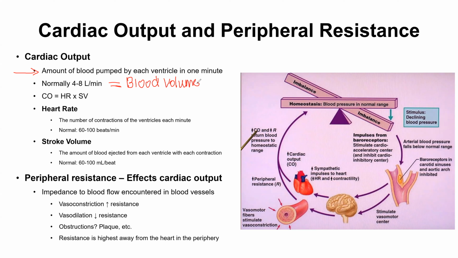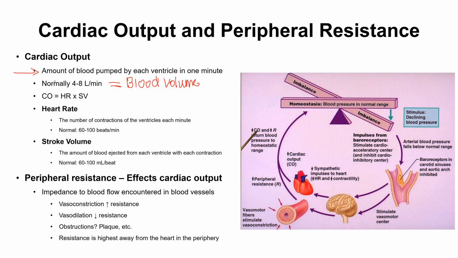Because in the human body, we have normally about 5 to 6 liters of blood. And so we can see that our heart is circulating our entire blood volume every single minute, which, if you stop and think about it, is quite incredible.